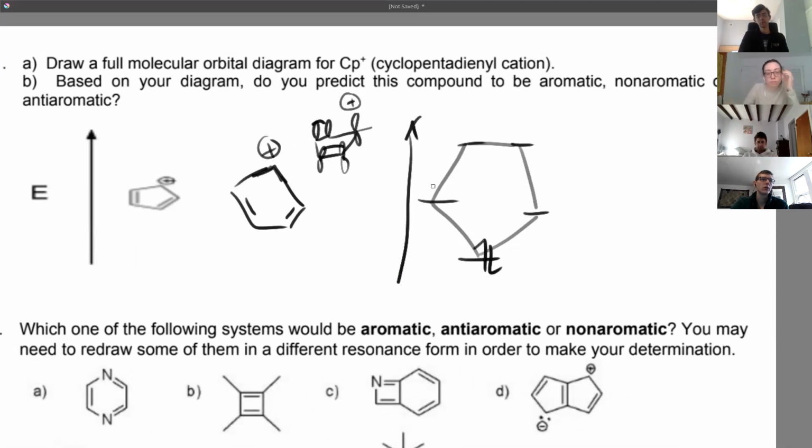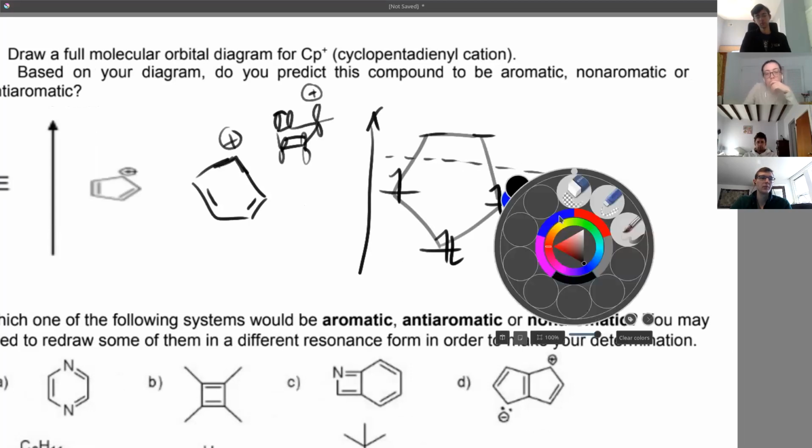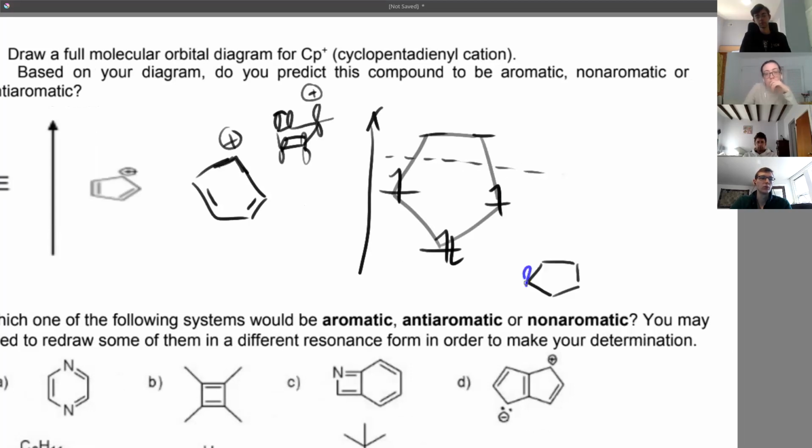Well, there we go. And there's a diradical. That's kind of unfortunate. Okay, and then down here there's 0 nodes, right? So if we draw our molecule out, it'll be blue, blue, blue, blue, and blue, right? And then on the bottom, all of these will be red. Okay, great.